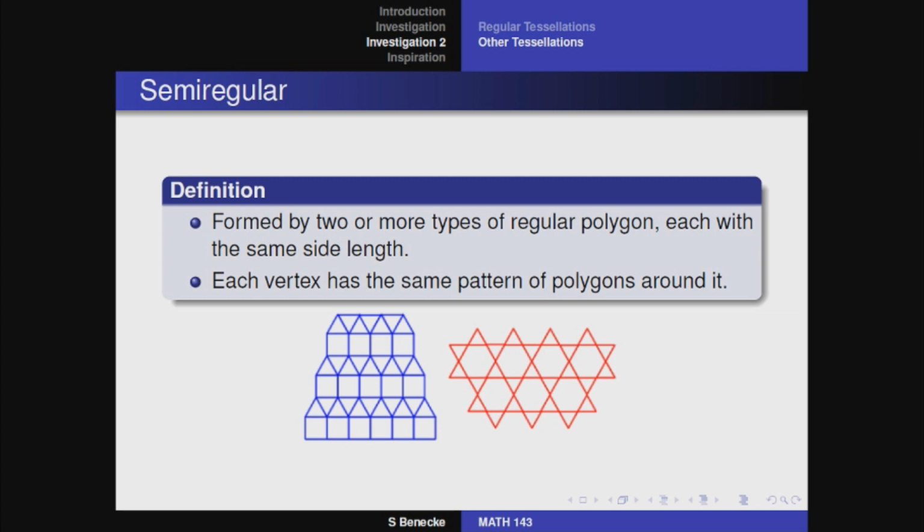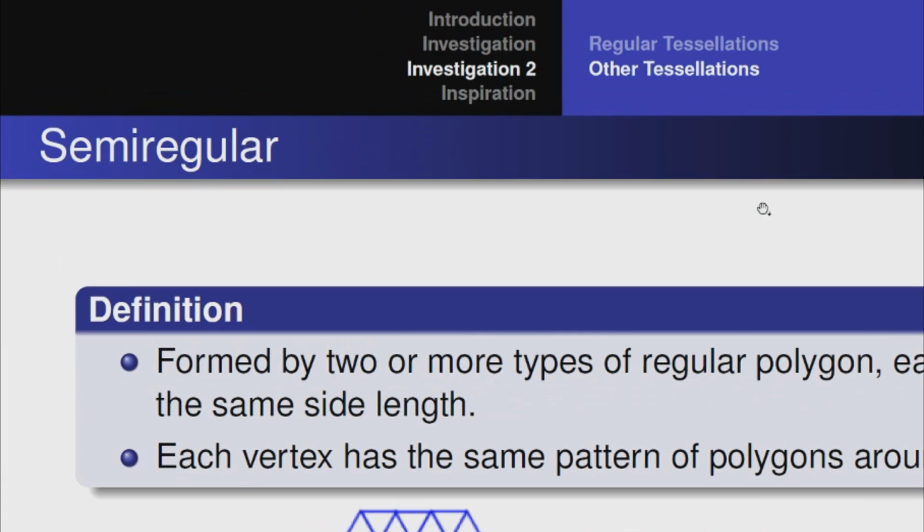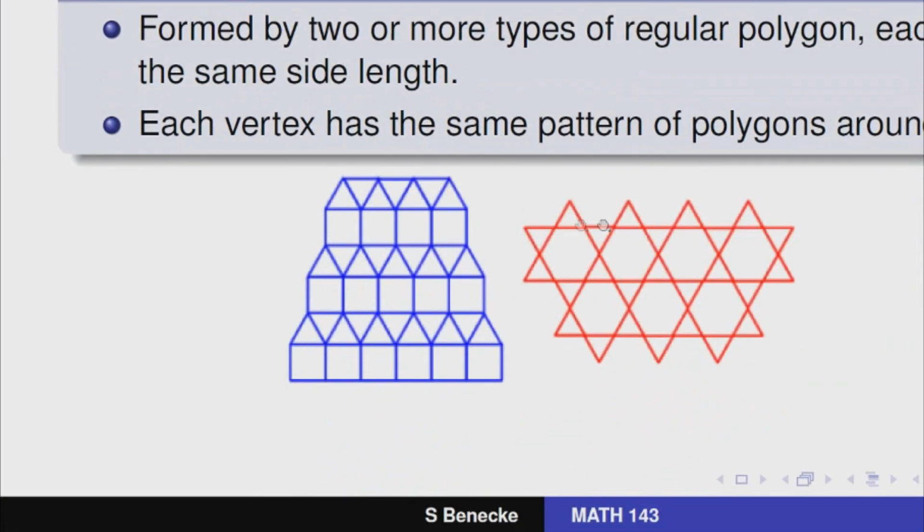And the only way it's going to work is if they have the same side length, but that's not something I need to really worry about. And on top of that, each vertex has the same pattern around. So a vertex is a point where they meet. So that over there, where the hand is, is a vertex. Any other point where shapes meet will look exactly the same as another.